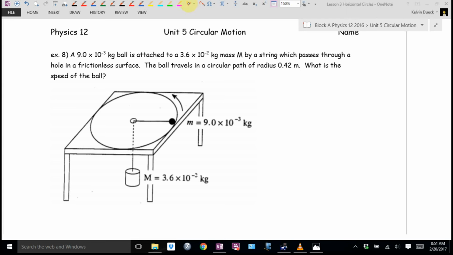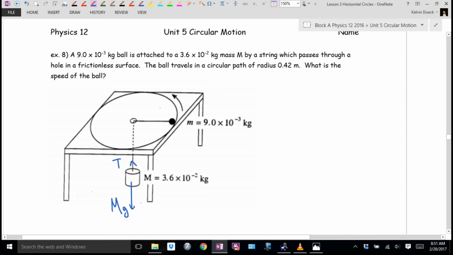Let's look at the forces on this bottom mass here. James, my friend, what are the forces acting on big M? Get the obvious one. I'm going to call that big Mg. What else? There's a rope. Yep.